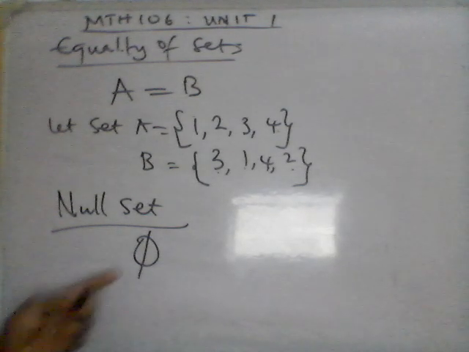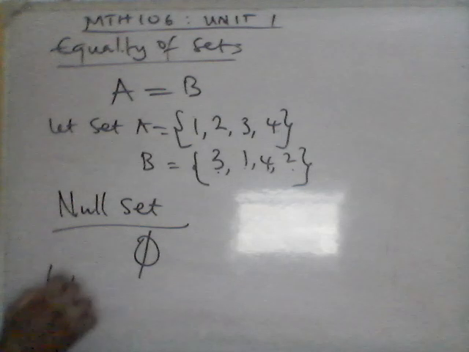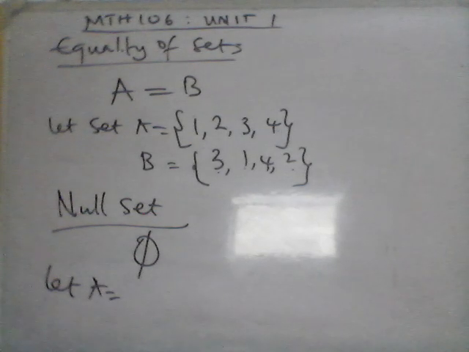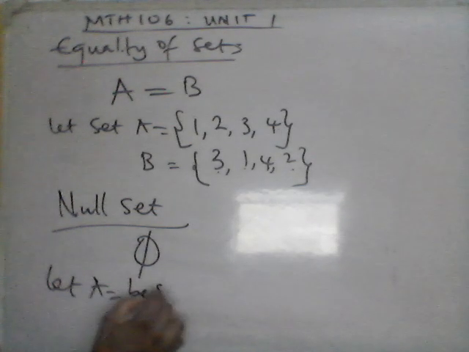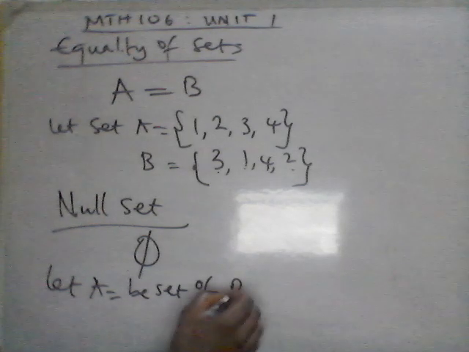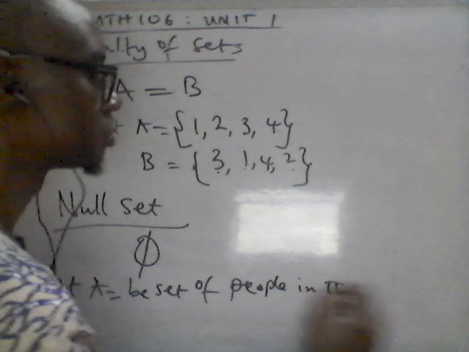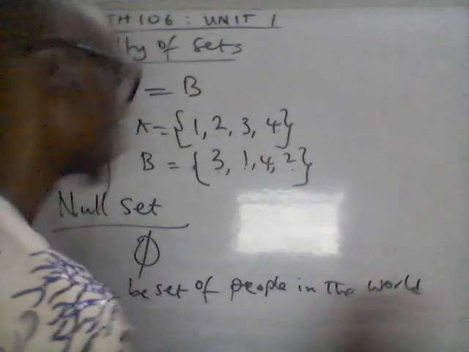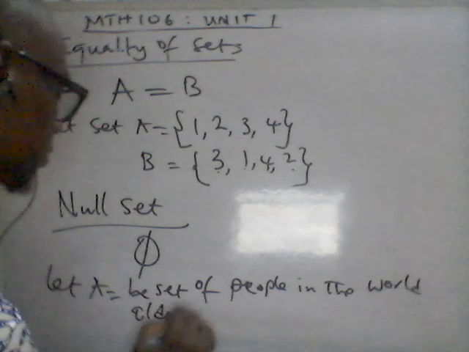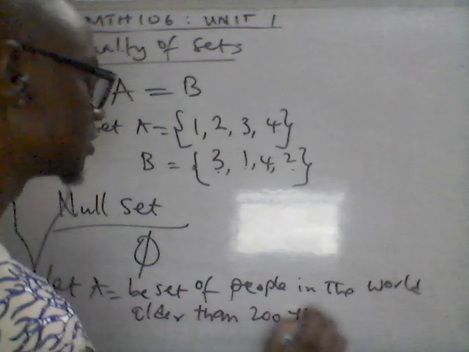For an example of a null set, let set A be the set of people in the world older than 200 years.